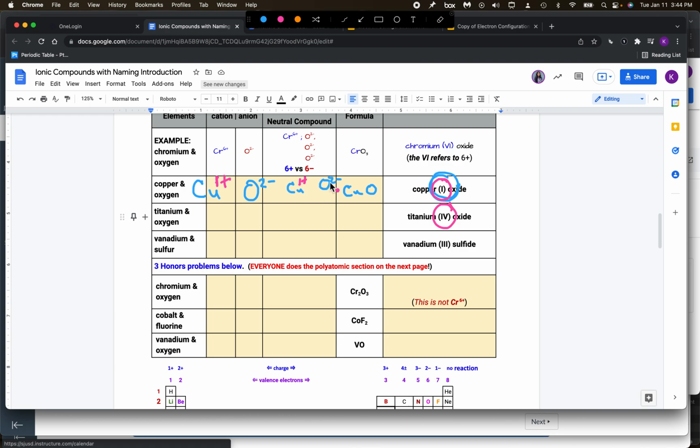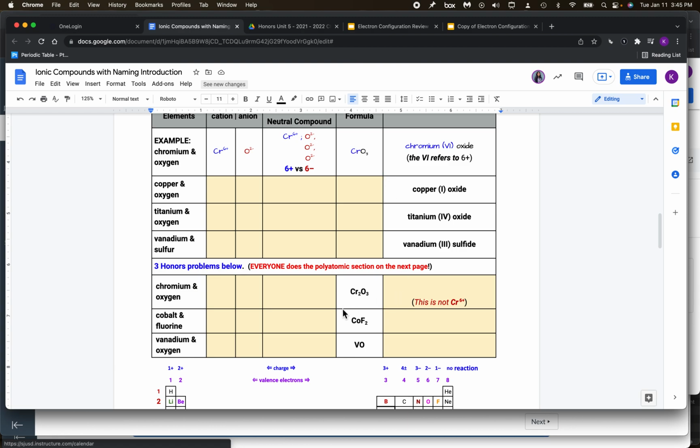I need to balance that, which means I need another copper. So I have a 2 minus and a 2 plus. So what do I have now? I have my 2 pluses versus my 2 minus. It's all balanced out. And so I wrote 2 coppers, so there'll be a 2 there. And an oxygen. Okay.